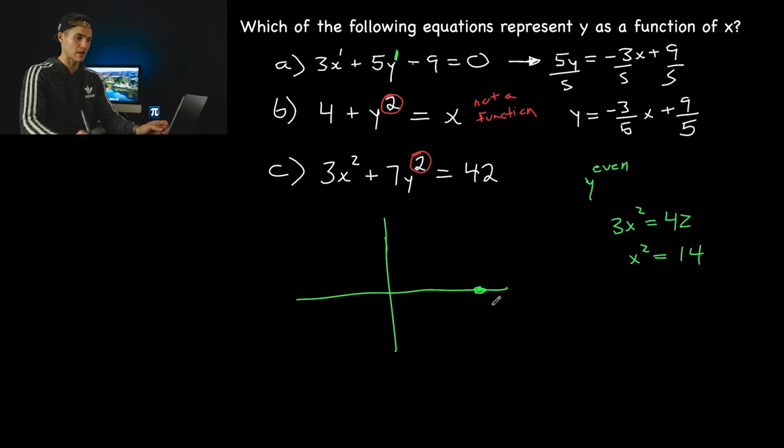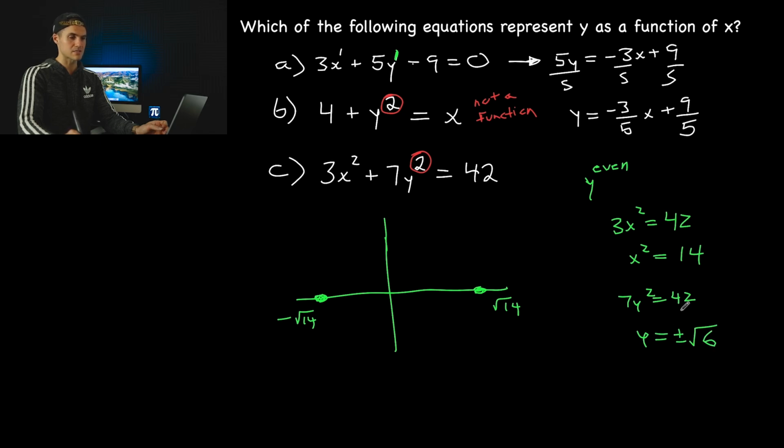So we're going to have positive root 14, negative root 14, right? The x-intercepts, and then the y-intercepts, plug in 0 for x, we would have 7y squared is equal to 42. So then y would be plus or minus root 6, right? Which would be like positive root 6, negative root 6.